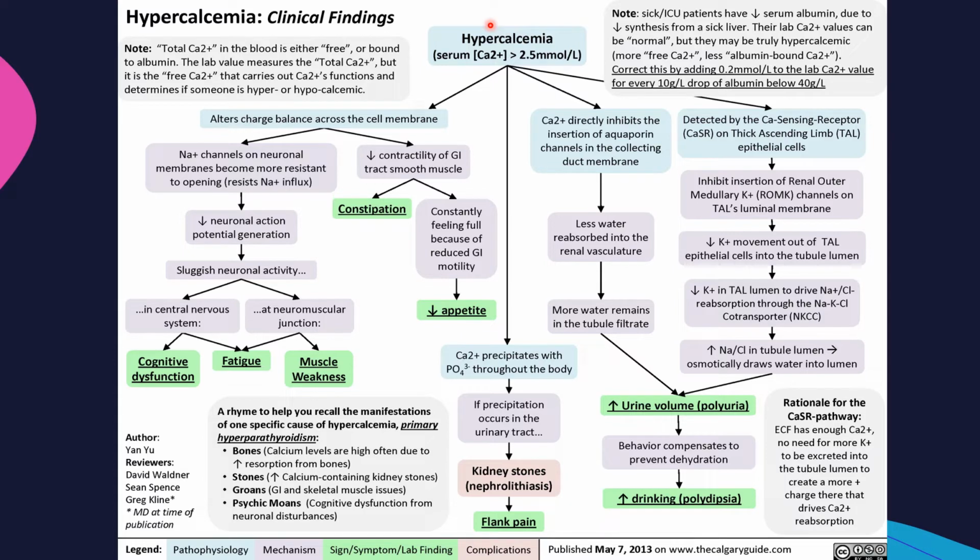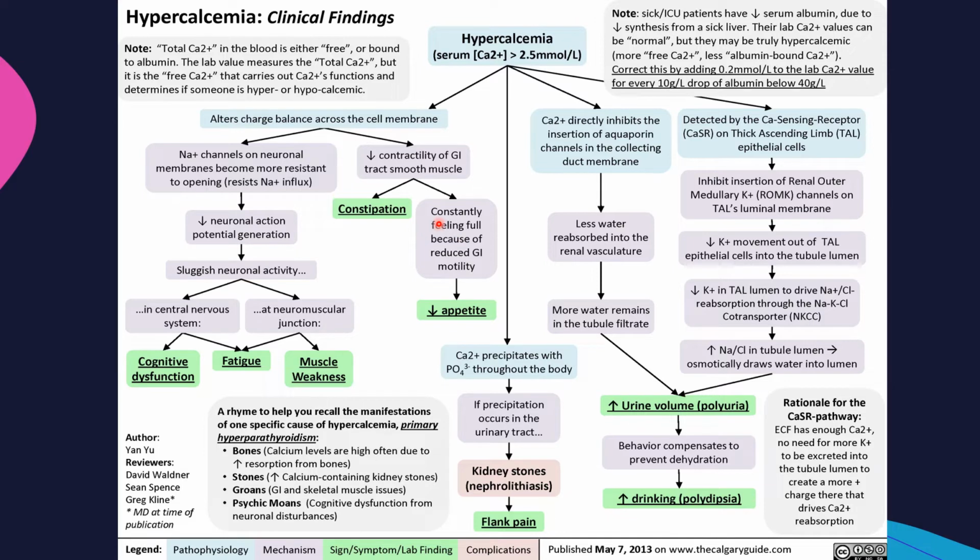As also known from physiology, calcium is very important in having an effect on charge balance. For example, inward current of calcium causes contraction of smooth muscles, release of neurotransmitters, etc. So when we have hypercalcemia, it alters the charge balance across the cell membrane, which leads to decreased contractility of the GI tract smooth muscle, which then leads to constipation, and it can also lead to a decrease of appetite, anorexia.